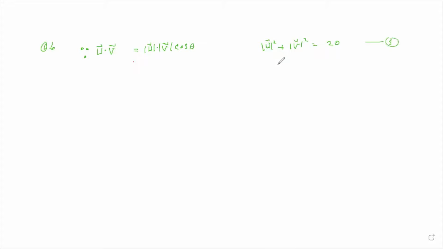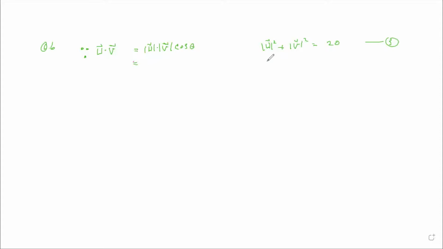Okay, and then equation 4. From this one, I write this one first. And then from the formula for the dot product or inner product, vector u times vector v equals the distance of vector u times the distance of vector v times cosine theta.